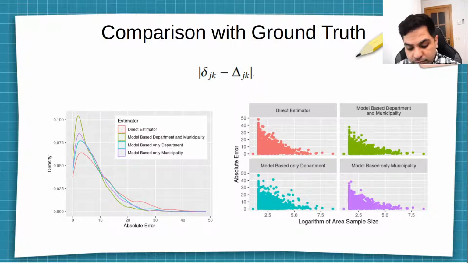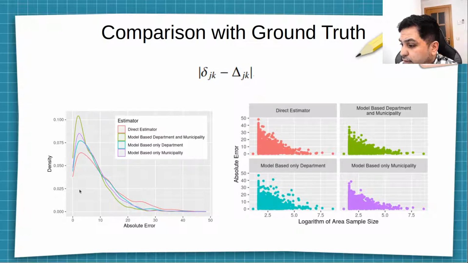One of the advantages of using a known database to do this is that we know the ground truth of all municipalities. We know the mean score in each municipality, and we can compare what we got with our estimators. We see that in general the model-based estimator with department and municipality behaves quite well.